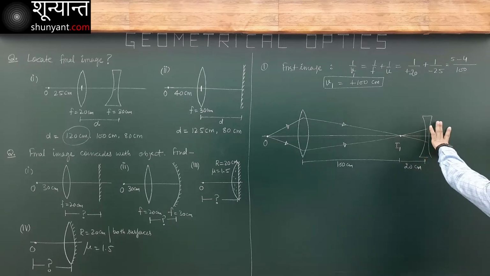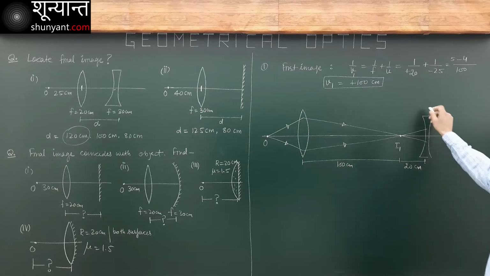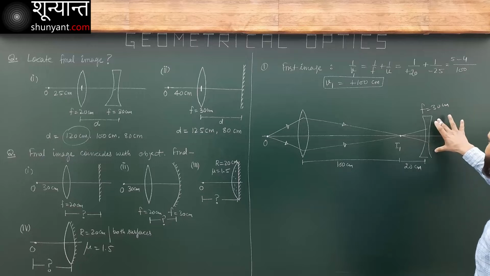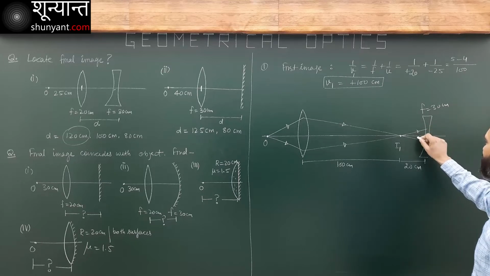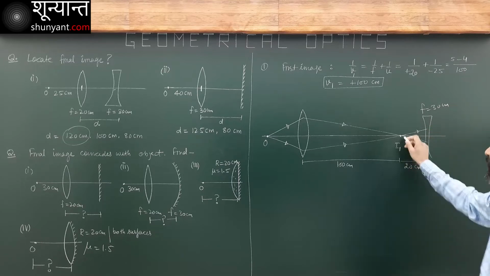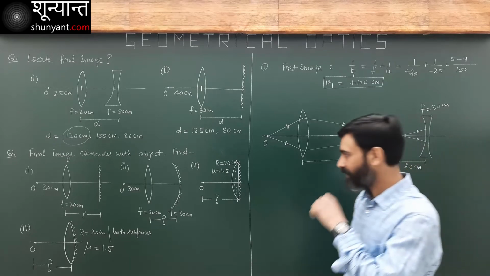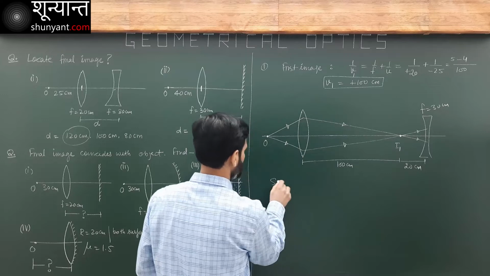For this lens, this becomes an object. What is the focal length? The focal length is 30 centimeter. So for the second lens, the incident light rays are coming from this point here. It becomes a real object. Where is the image? The second image.